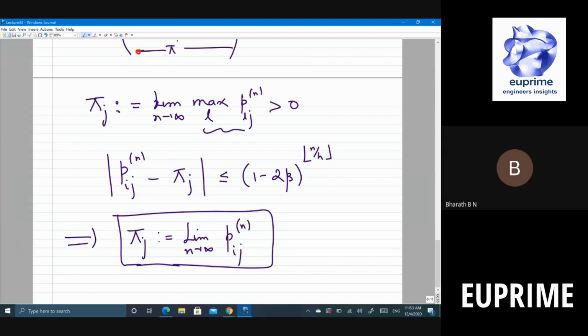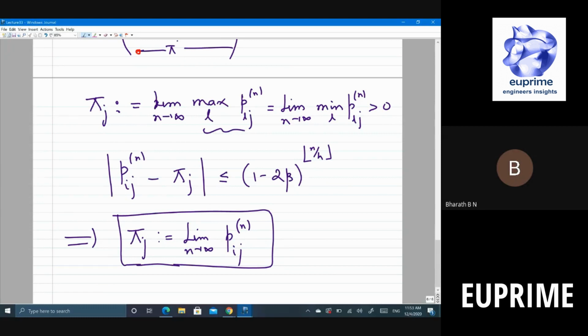See, pi j is the limit of max, and also it's the limit of, let me write it fully, the limit as n tends to infinity of the min over all L of PLJ of n, which is greater than 0. So in the limit, the max across the column and the min across the column both converge to a number called pi j. Now, comparing this with Pij, how does it compare?